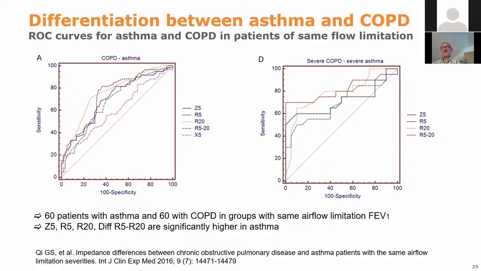It means that based on spirometric results, patient groups have comparable flow limitation, but the parameters of oscillometry significantly differentiate between these two groups of patients and diseases.